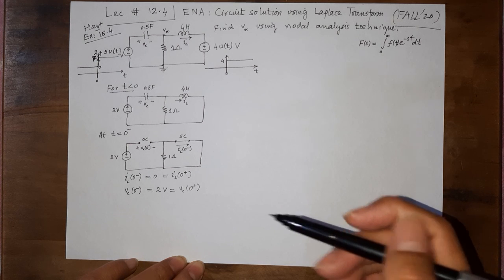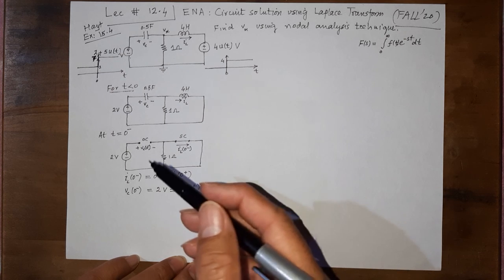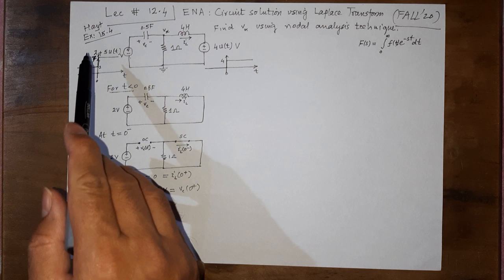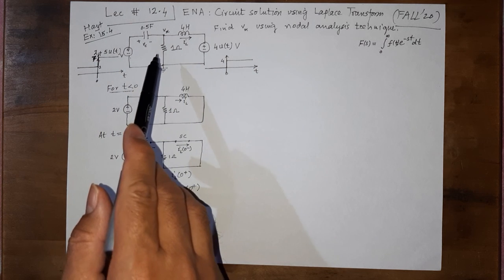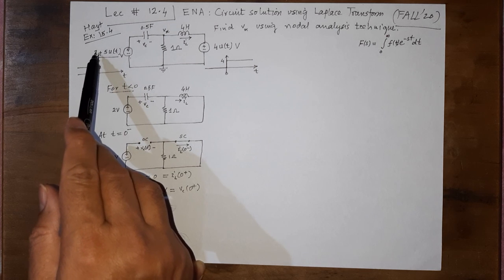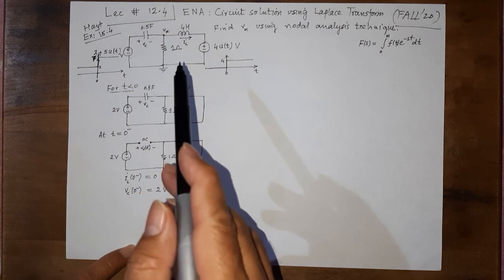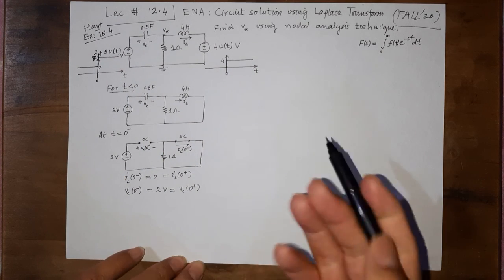Okay, so now we have the initial conditions. This is a very important step, and very few people would notice it once the theory has been taught and such a circuit is presented. They will not know how to handle this. So that's very important. This 2 was there to establish the initial conditions.